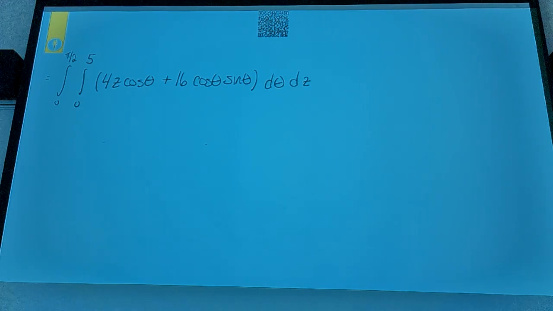Yeah, let's do it with respect to Z first. Do that and also factor out 4, I guess. Z squared over 2 from 0 to 5 be 25 halves.